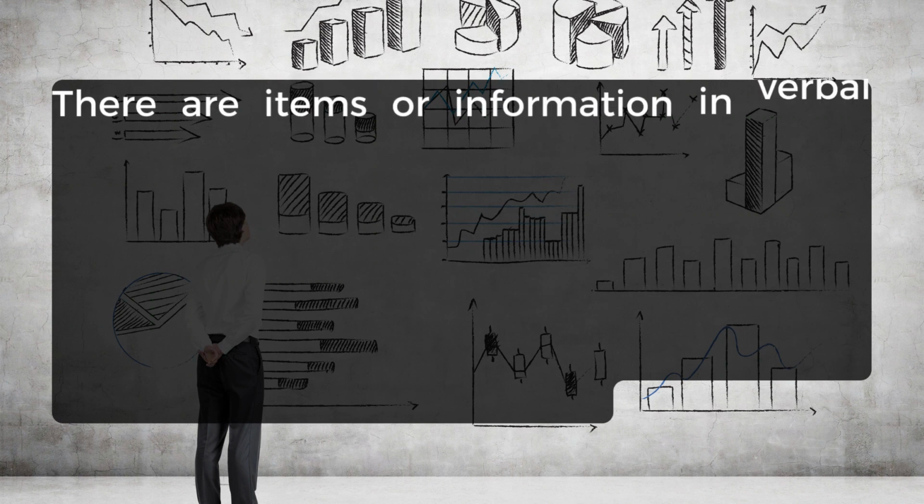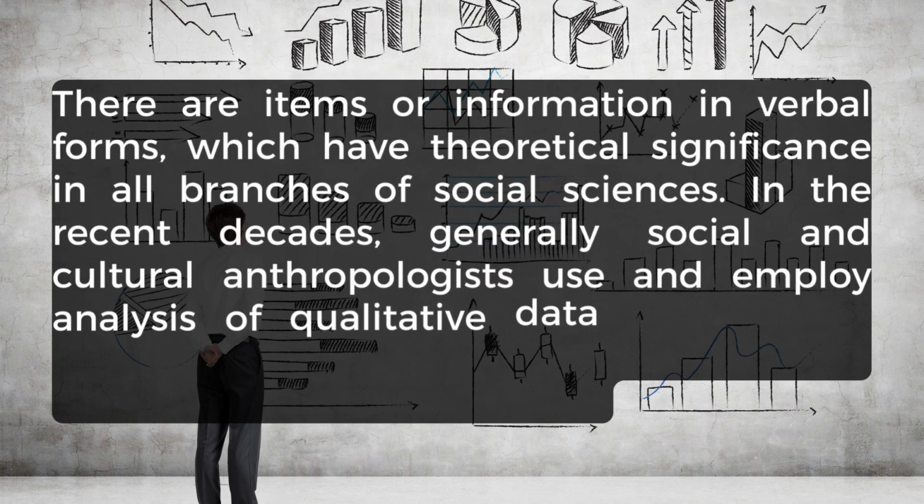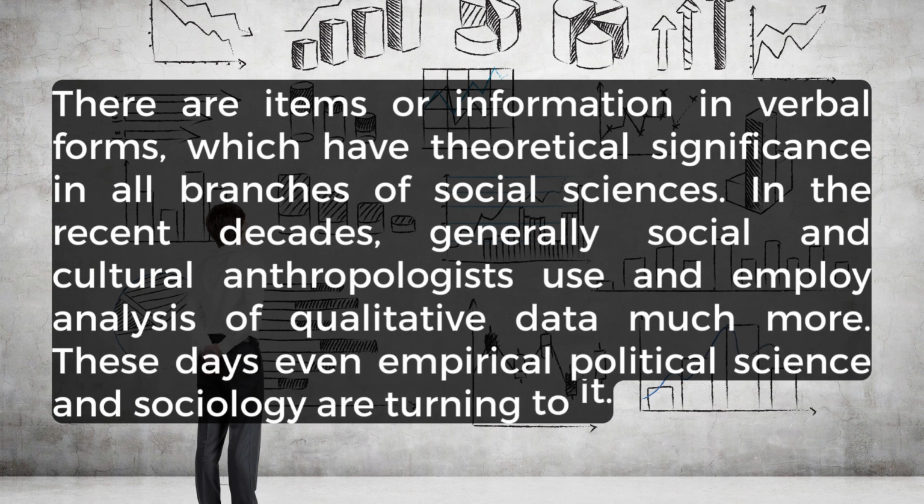These are items or information in verbal form which have theoretical significance in all branches of social sciences. In recent decades, social and cultural anthropologists generally employ analysis of qualitative data much more frequently.